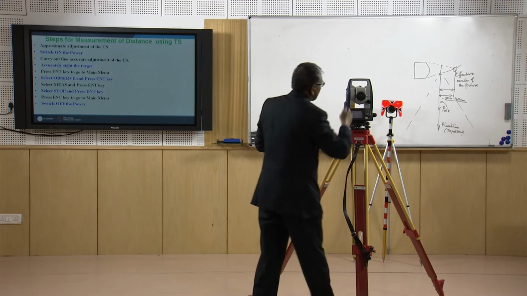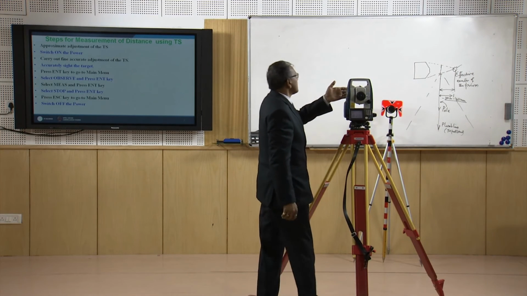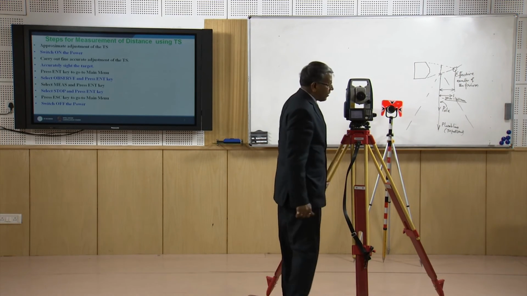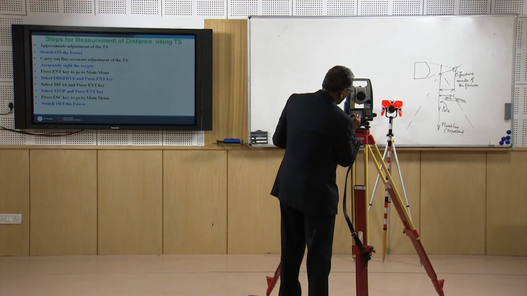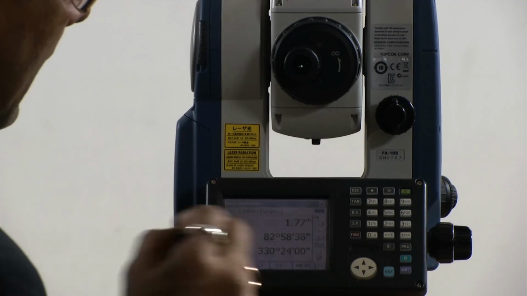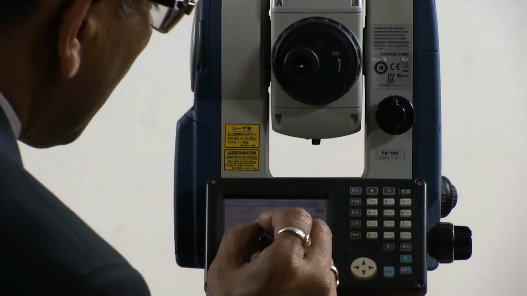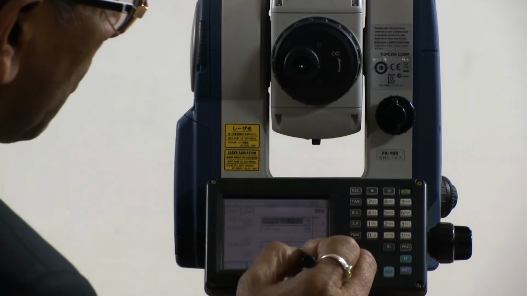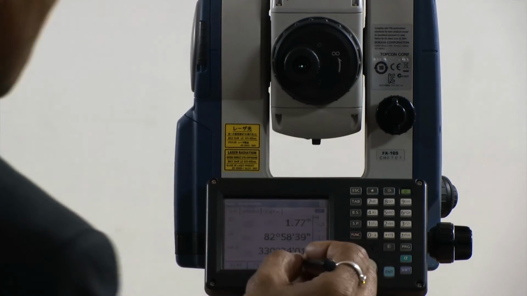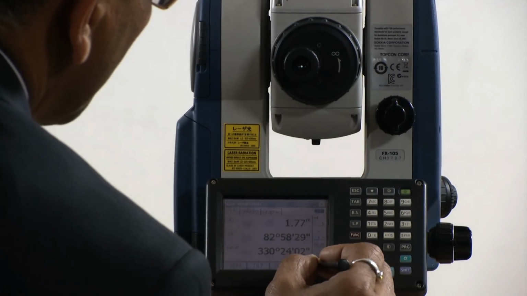Now I have focused my telescope to this whiteboard. Now I will go to observe mode. In the observe I should go to the EDM. Now in EDM I have selected no prism, okay. Now I will do the measurement, MES.